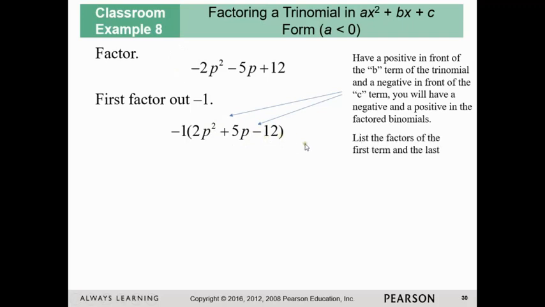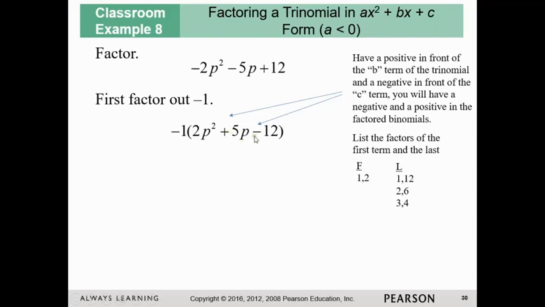So we list the factors of the first term and the last. So the first is 1 and 2, and the last is 12. So we have 1 and 12, 2 and 6, 3 and 4. So what we do is we do some analysis of these things to determine how to get 5 through subtraction, right?